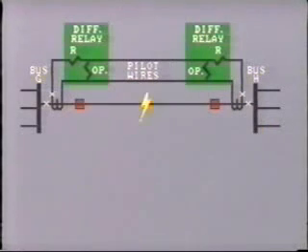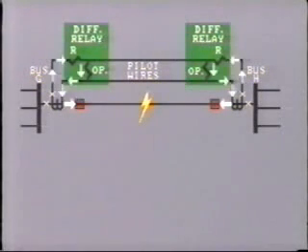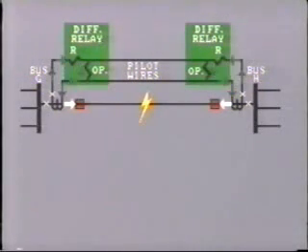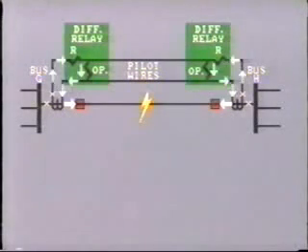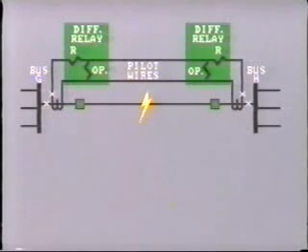Now, in the case of a fault within the protected line, the current will feed in from both ends. Now we have a large secondary current flowing through the operating coil, and this will be sufficient to operate the relay. Both relays operate to trip the breakers at each end of the line, so we have rapid clearing of the fault.